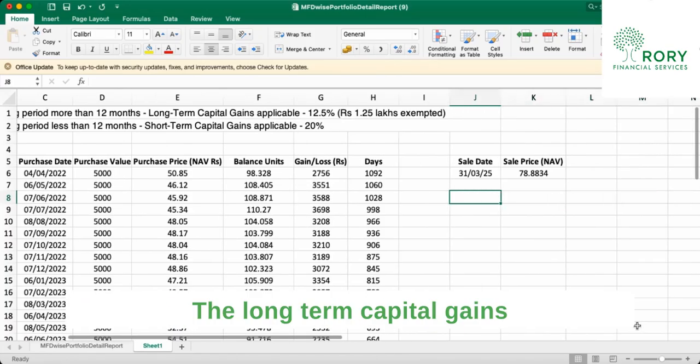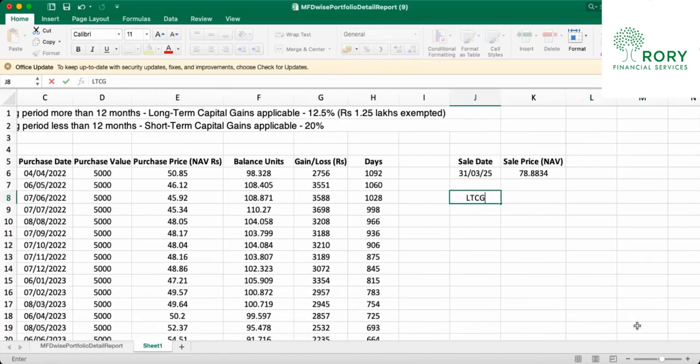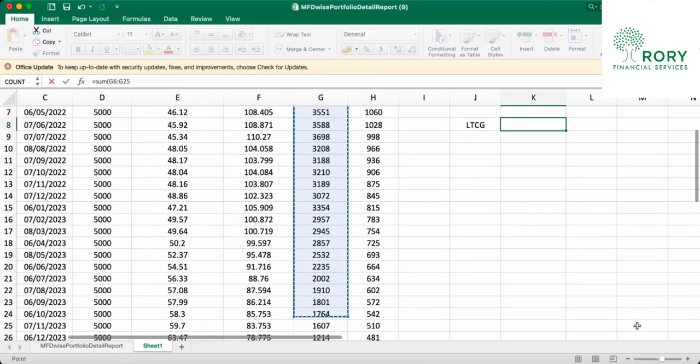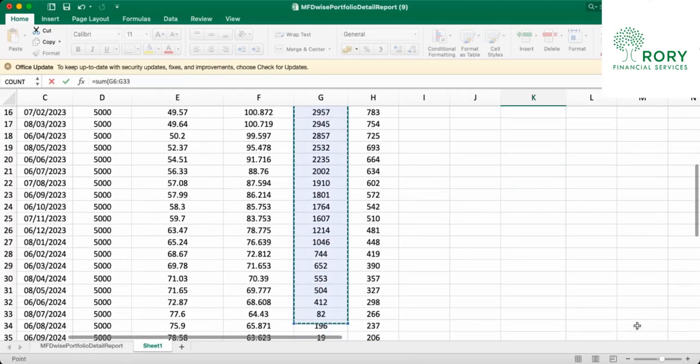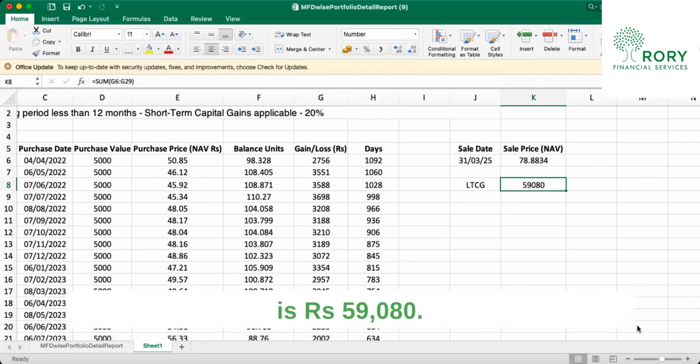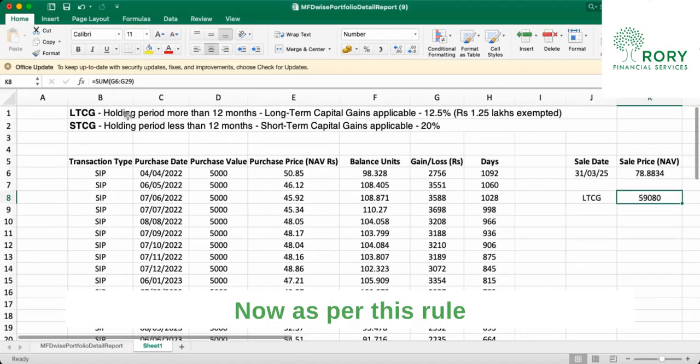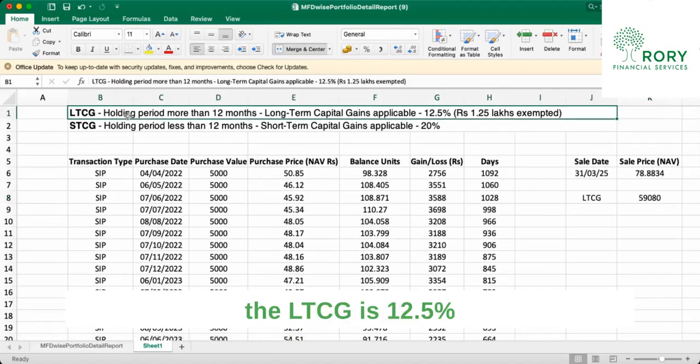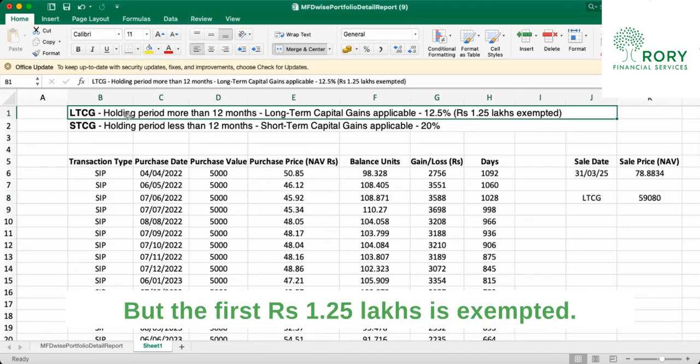The long term capital gains is 59,080 rupees. Now, as per this rule, the LTCG is 12.5% on the gains that you made, but the first 1.25 lakhs is exempted.